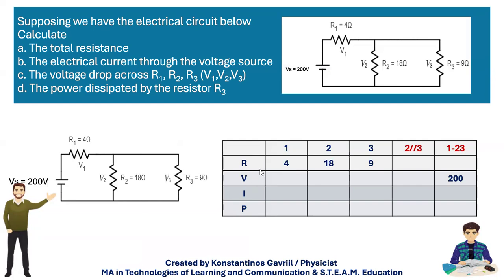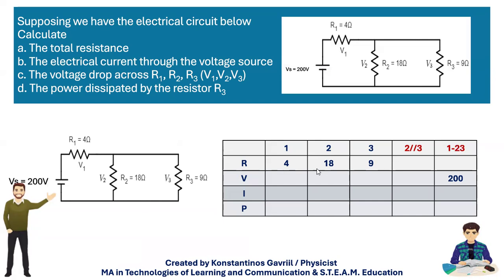So I put R, V, I. I also write here 1, 2, 3, every resistor and every combination of resistors. I have R1, R2, R3. I have the combination now of 2 parallel to 3, and I have the combination of the 1 in series with the 2, 3 packet.